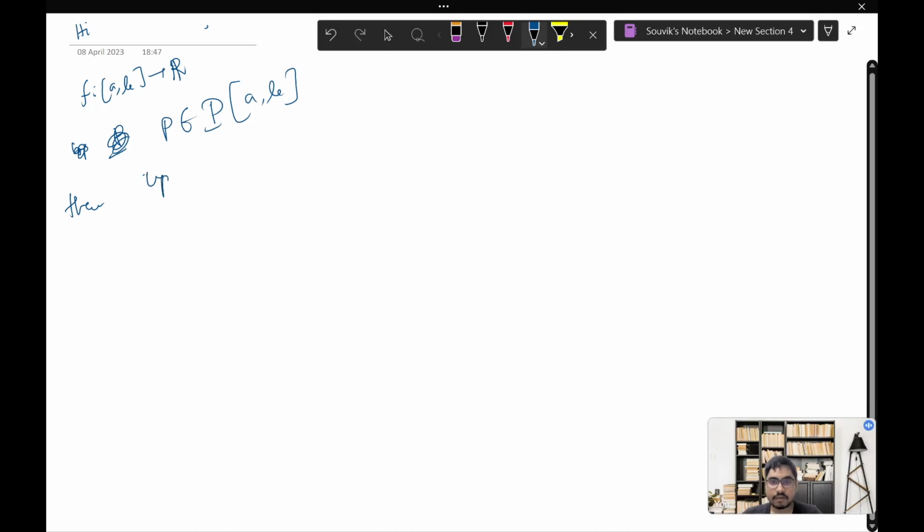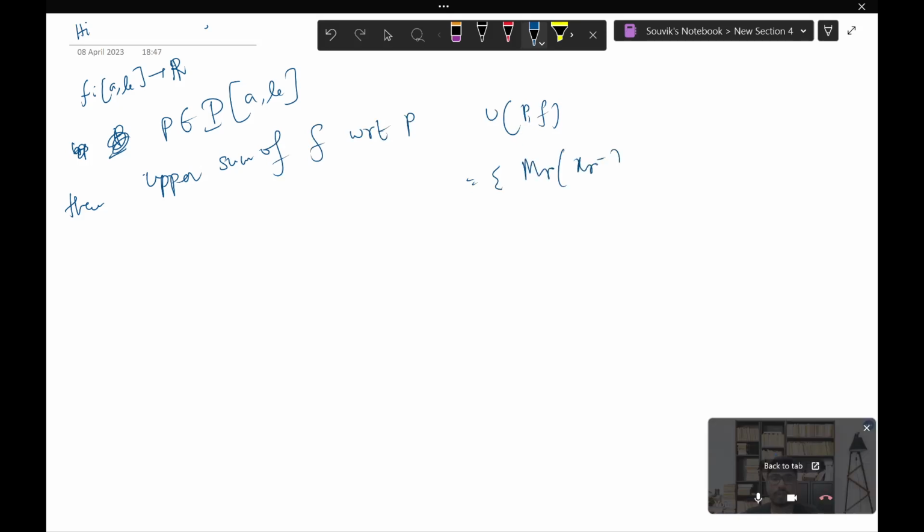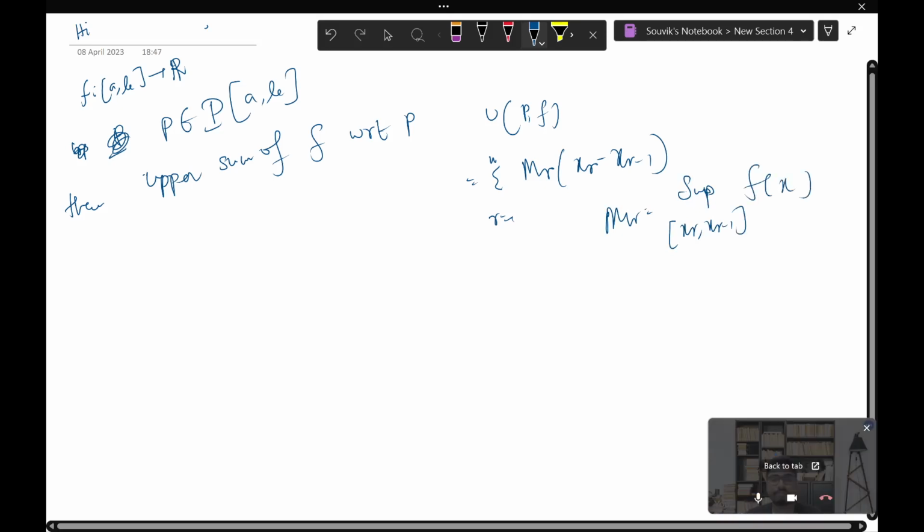the upper sum of f with respect to the partition P, known as U(P,f), is equal to the summation of M_r into (x_r minus x_{r-1}), r equal to 1 to n, where M_r is equal to the supremum of f(x) over [x_{r-1}, x_r].